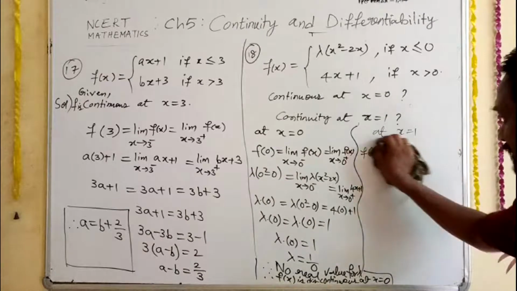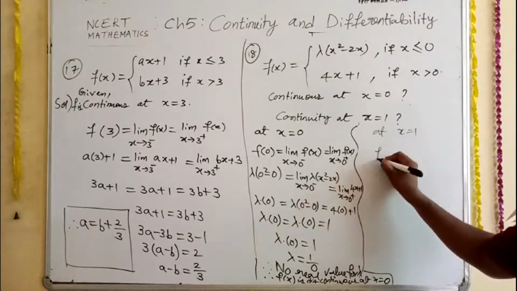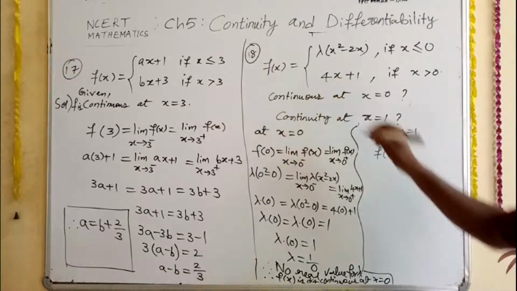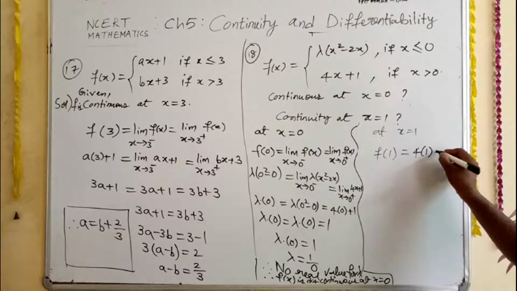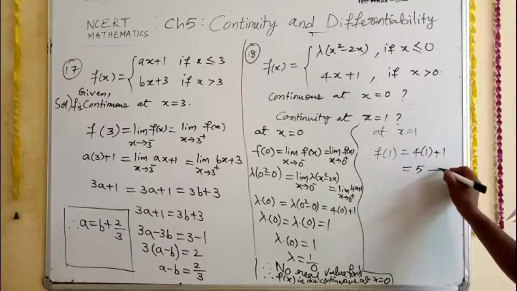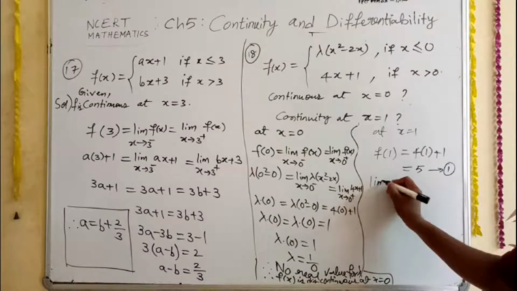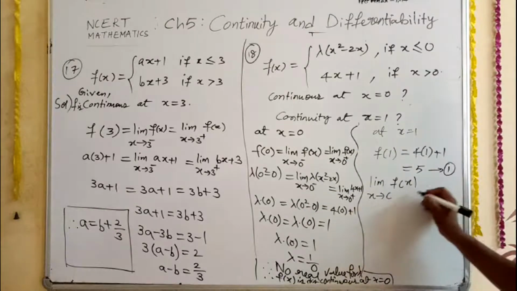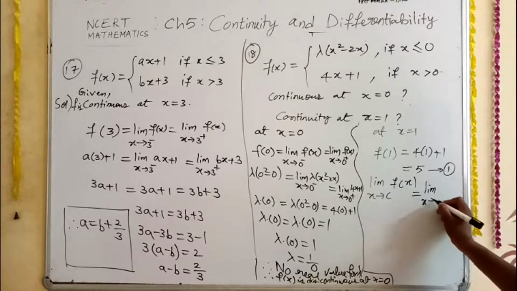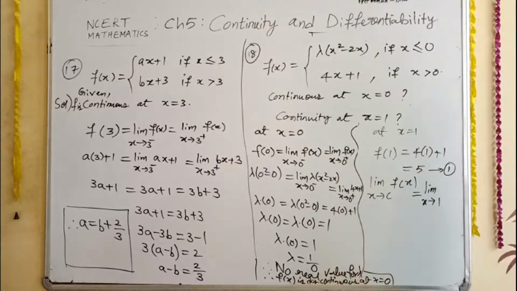So what I will do, just check now. First find f of 1: wherever x is there, substitute 1, so 4 into 1 plus 1. 4 plus 1 is nothing but 5. Equation number 1. Then next, limit x tends to 1 of f of x.